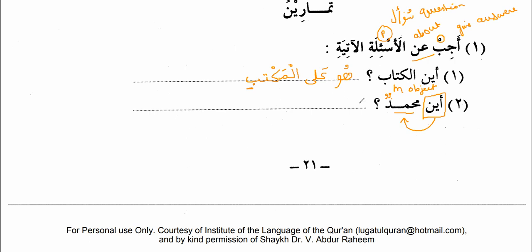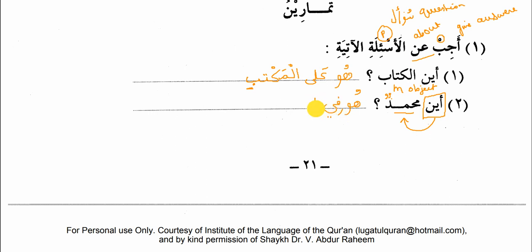So aina Muhammadun, now he is male and singular, so we will use damir huwa. Huwa, where is he? He is in the room. So huwa, the harf jar for in is fi.